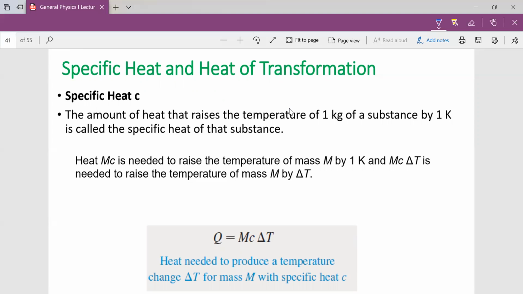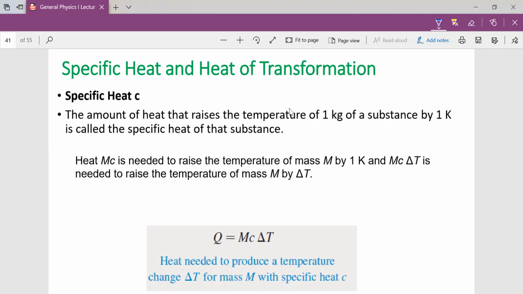So no matter the substance you have, if you bring 1 kg of that substance, the heat required to change its temperature by 1 Kelvin is what we call the specific heat of that substance. So the specific heat of a substance varies. The one for water is different from the one for steel and so on. We'll have established standard values for specified materials that we use on a daily basis. Okay, we will see that in our next table.